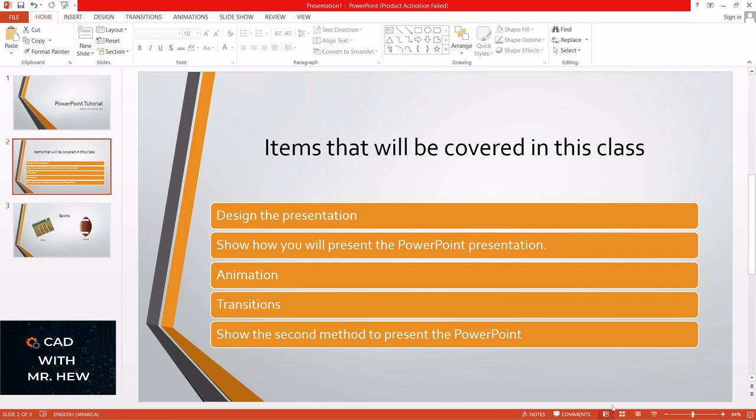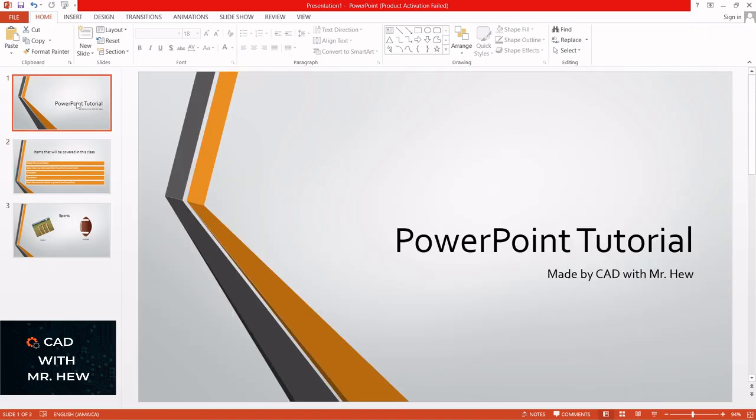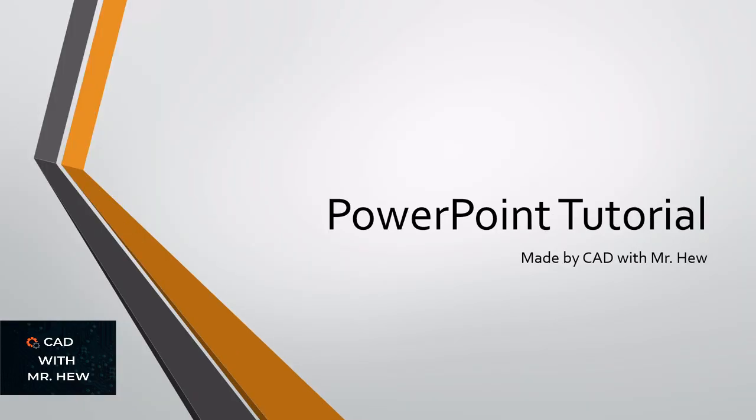If we come down here, you'll actually see the slideshow icon down here, right? So what you have to do, you have to click on the first slide that you want to start the presentation at, right? So then you're going to come down here and you click slideshow, and here you would be able to see the slideshow, right?